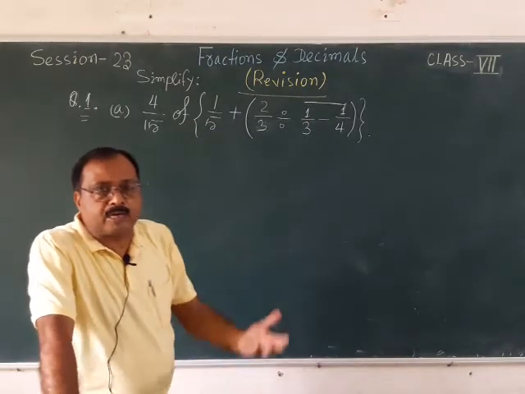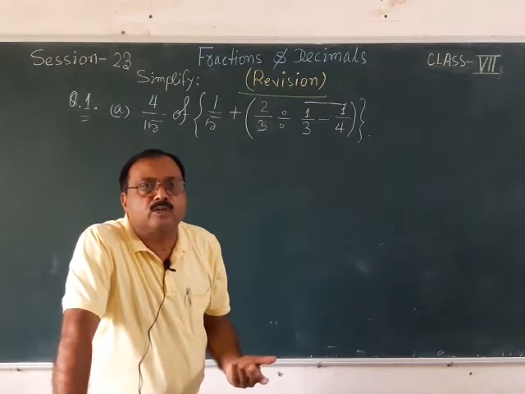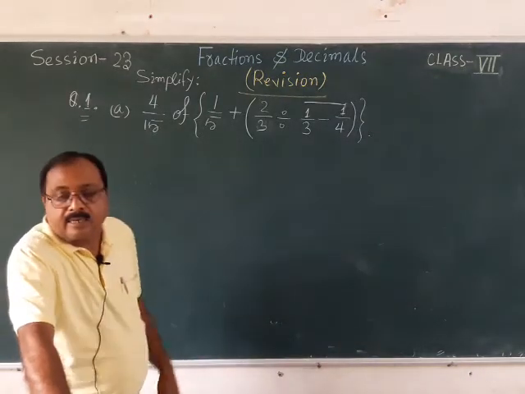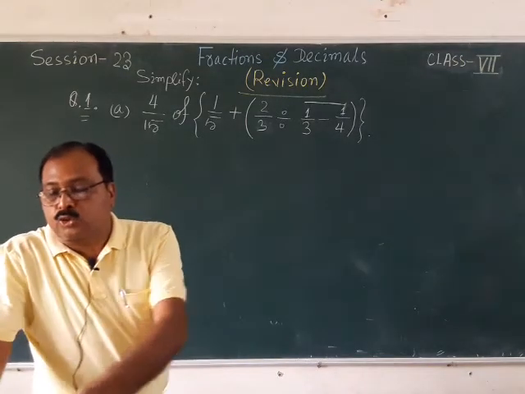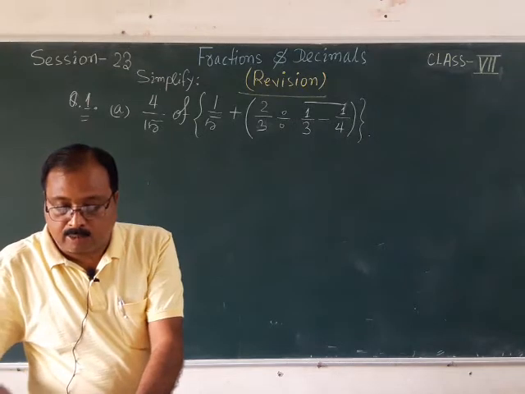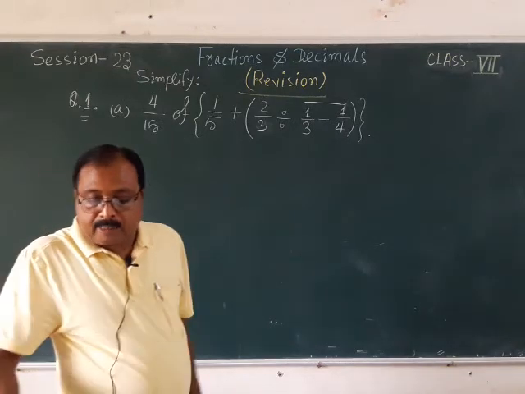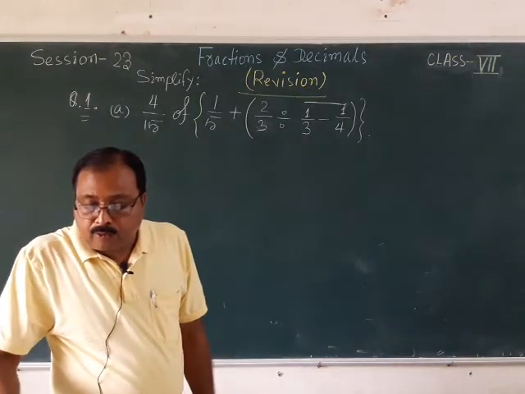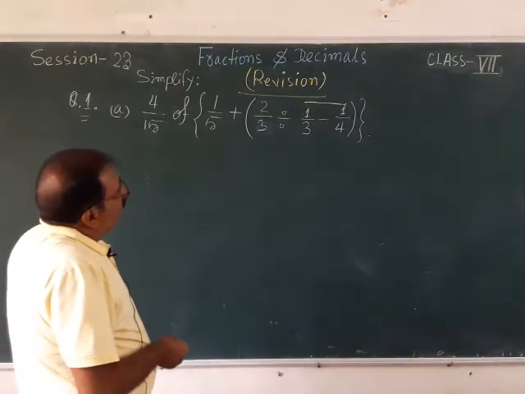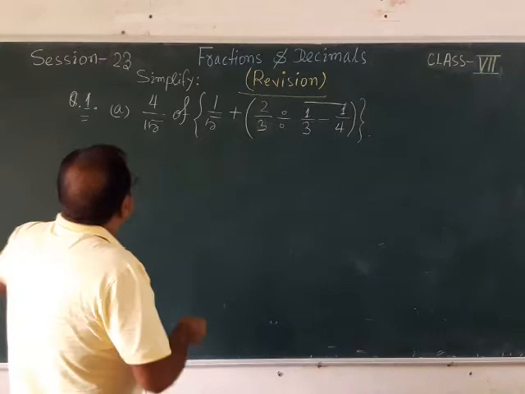If the second bracket's work is over, then you can do the third bracket. Here I can see there is the bar bracket, so I am going to do the work of this bar bracket first. The bar bracket is also known as vinculum.